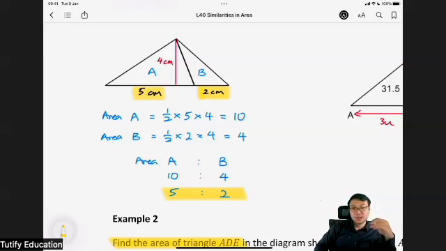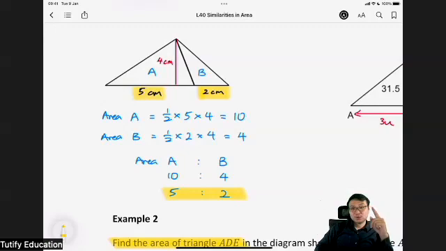Students, very important. Please pay attention. Look at the base: 5 is to 2, 5 cm and 2 cm. Then the area also has the same ratio, 5 is to 2. Why do you think the ratio is going to be the same, Talia? Because they have the same height.